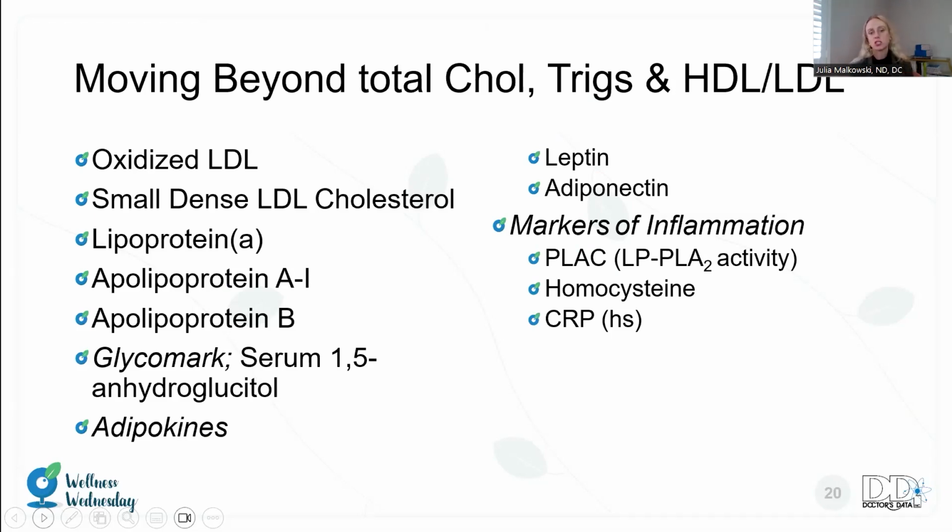We're going to look at the genetic lipoprotein A. We're going to look at the helpful apolipoprotein A1, and especially its relationship to the apolipoprotein B. We're going to look at GlycoMark. Postprandial hyperglycemia is very important in individuals. And we will look at the adipokines, leptin and adiponectin, as well as the markers of inflammation, plaque, homocysteine, and high sensitivity CRP.